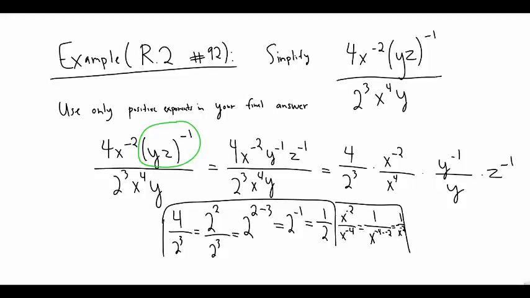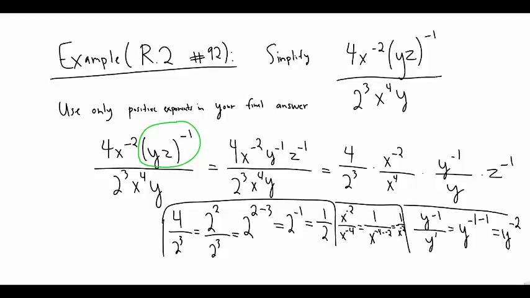We'll leave it like that for right now. And then finally, y to the minus 1 over y to the 1. We'll go back to the way we did it with powers of 2. The top exponent minus the bottom. This is y to the minus 2.